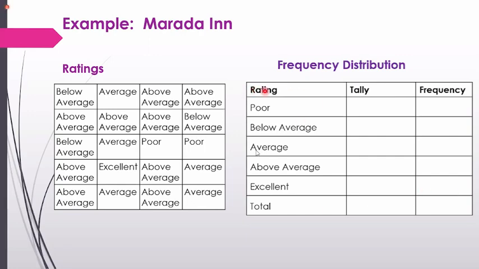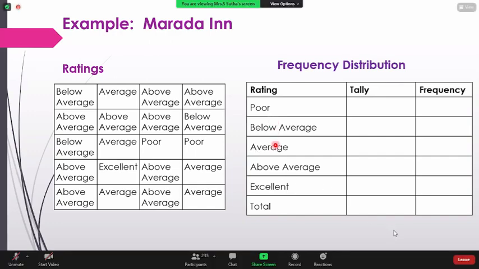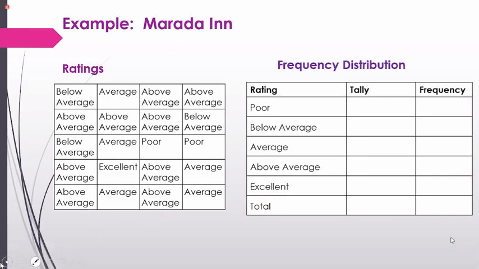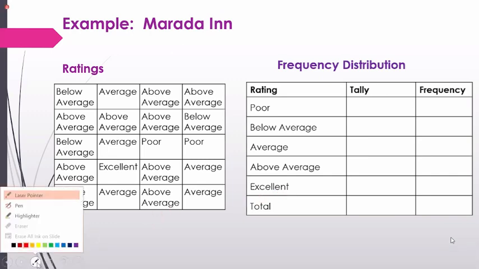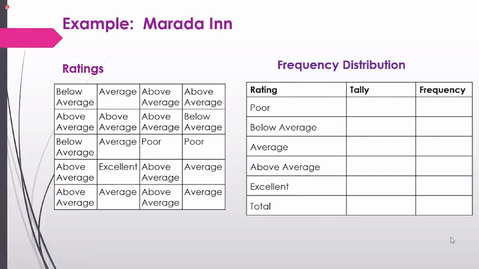So the variable is your quality, rating of quality of the hotel, Narada Inn. And these ratings, the measurements of this variable, are poor, below average, average, above average, excellent, right? So now we are going to look at how we are going to mark this one.